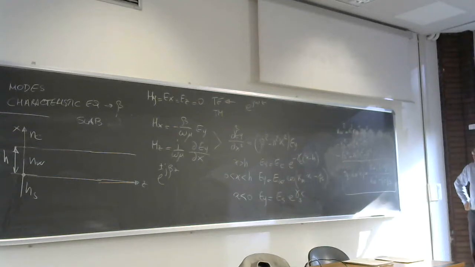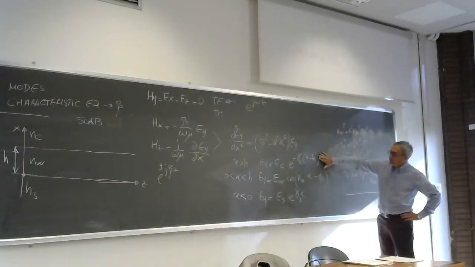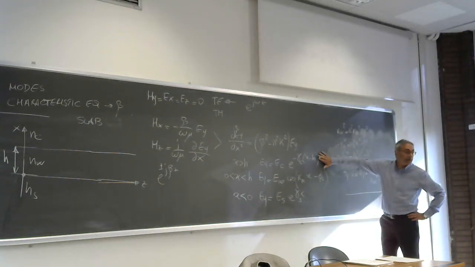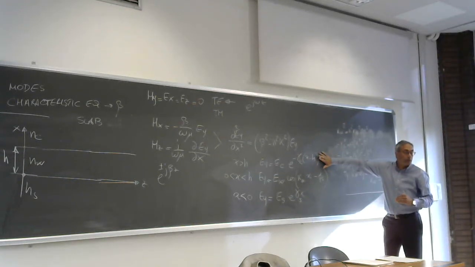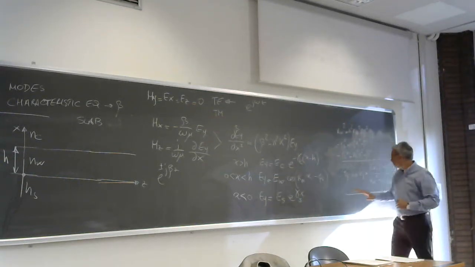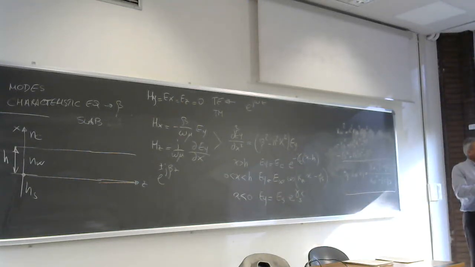Let's see what the physical meaning of the various coefficients is. We assumed the field outside of the core, so in the cladding, the cover, or in the substrate, as an exponential decay. So gamma, that we find here, is just how fast the field decreases going away from the waveguide.